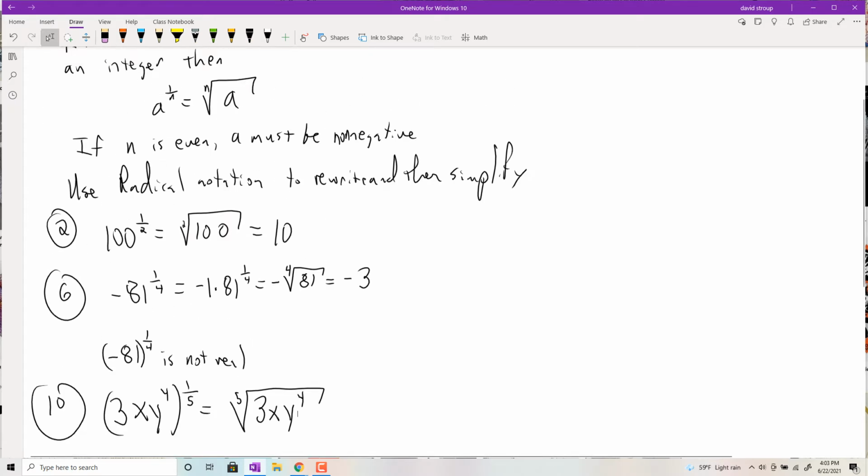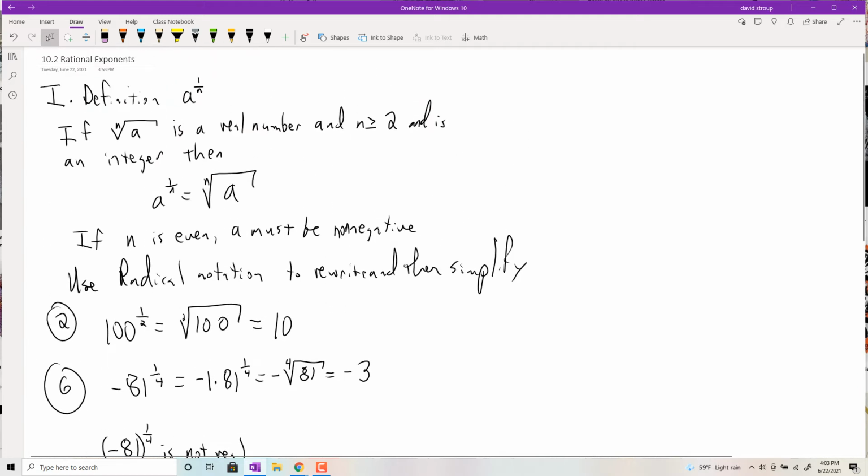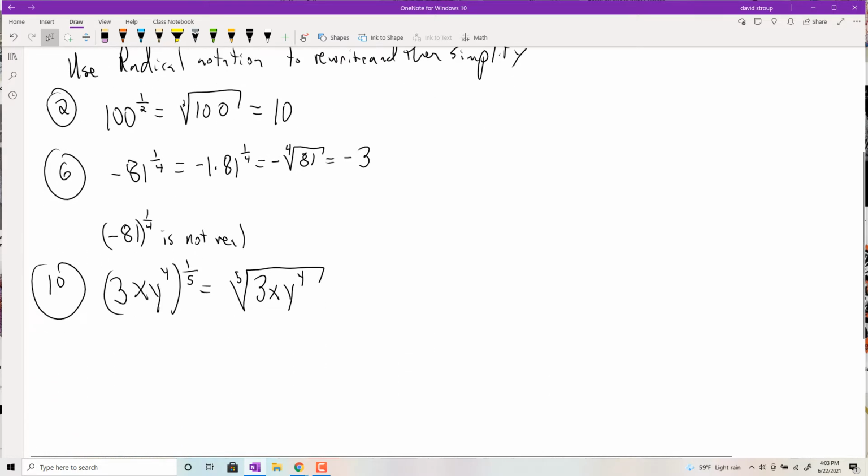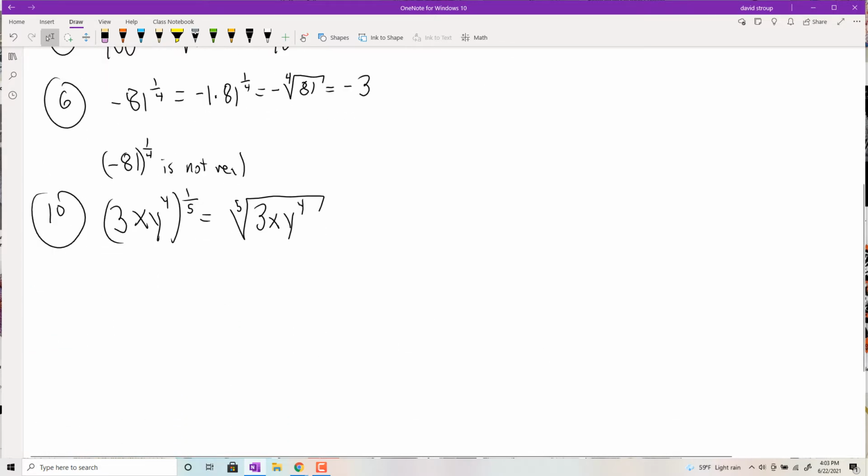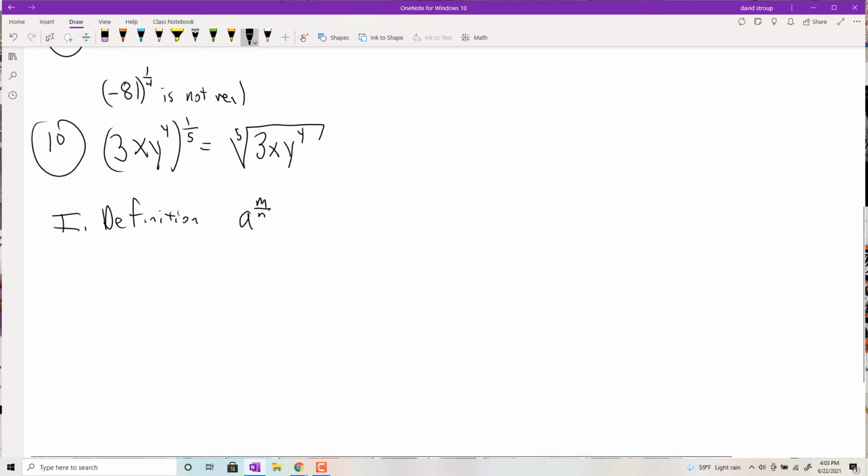Okay, now we want to generalize this even more, so we want to put something other than just a 1 in the numerator for the rational exponent. So we give you another definition. A to the m over n. Okay, so again, we need to cross all of our T's and dot all of our I's.